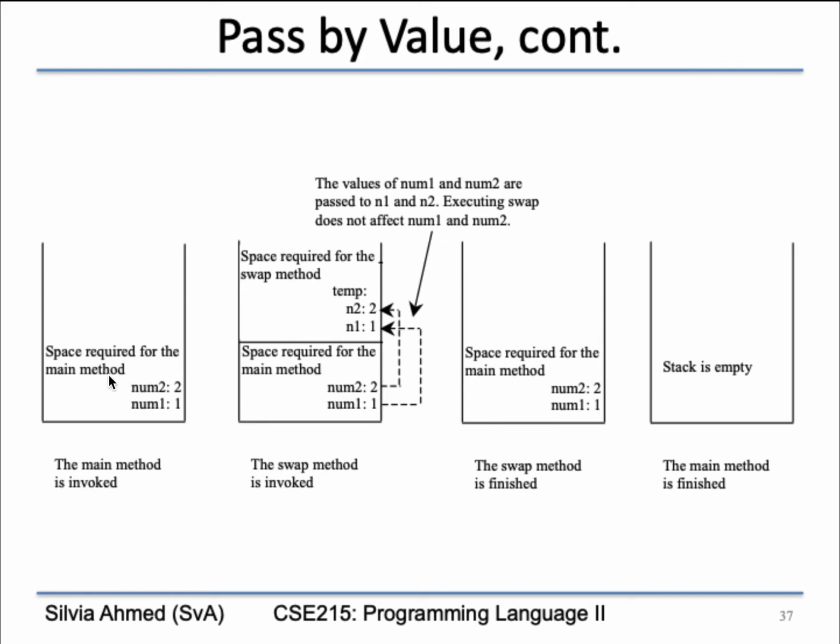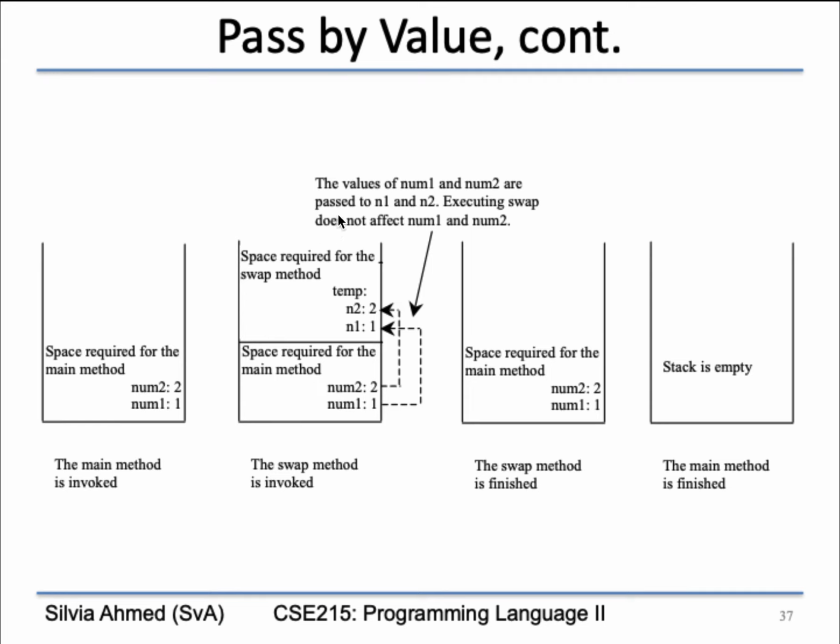In the main method, we have two values num1 and num2, which are 1 and 2, and then we call the swap method. By the swap method, we expect the value of num1 to go to num2 and the value of num2 to come to num1. In the swap method, we have this mechanism where indeed the value of n1 goes to n2 and then the value of n2 comes to n1.